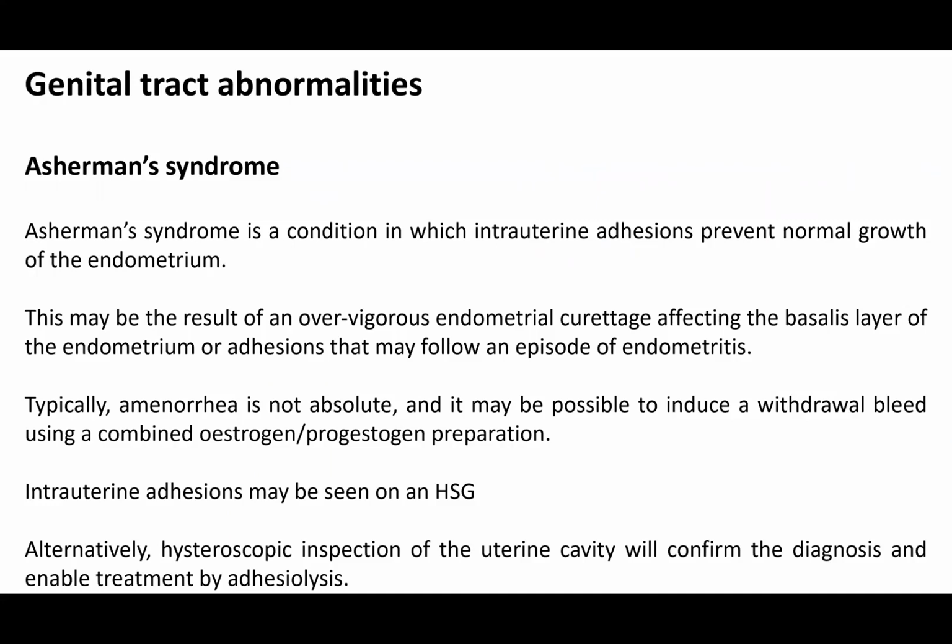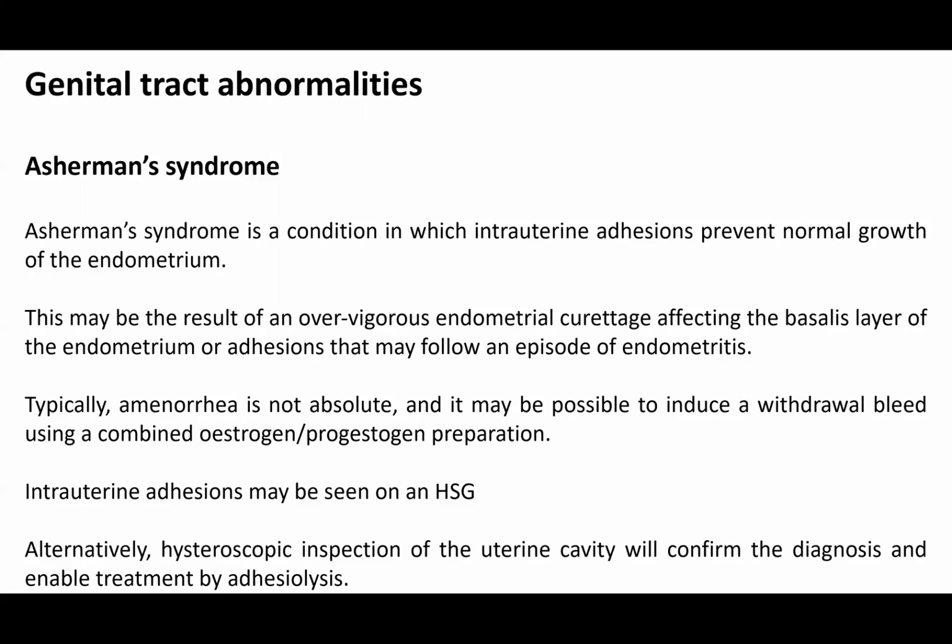If we come to genital tract abnormalities, the problem could be in the uterus or in the cervix. Sometimes, following vigorous curettage to the endometrium, whether it is a diagnostic curettage or following an incomplete abortion to evacuate the retained pieces of conception, there will be curetting of the basalis layer of the endometrium, resulting in adhesions or synechiae within the endometrial cavity, a syndrome which is known as Asherman syndrome.